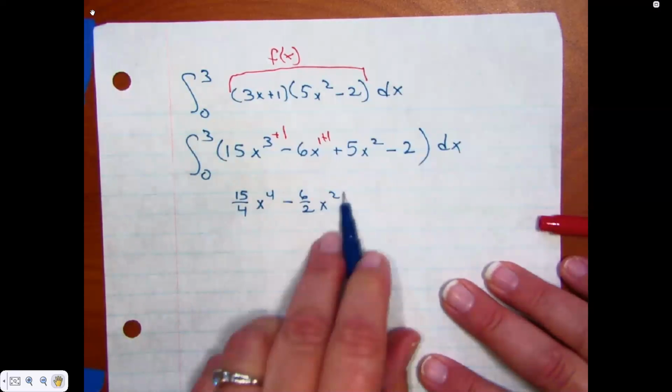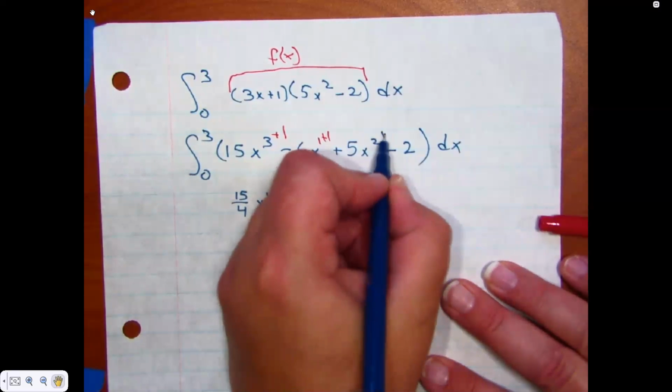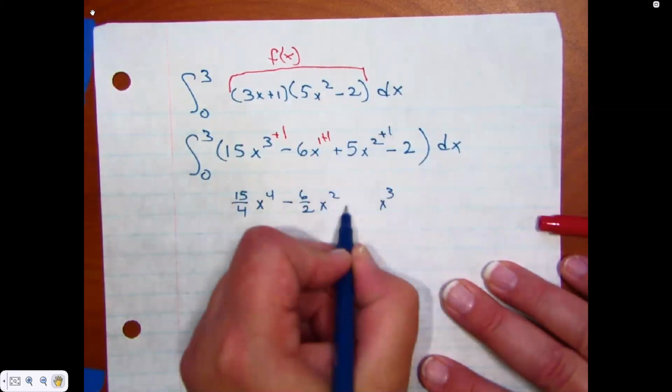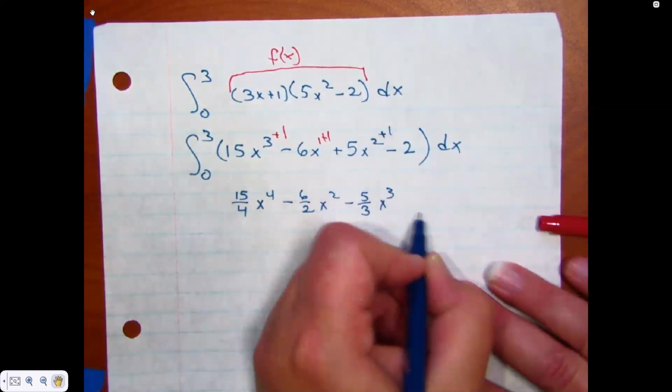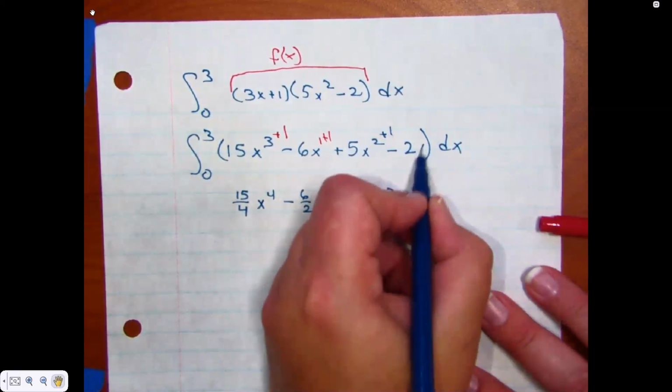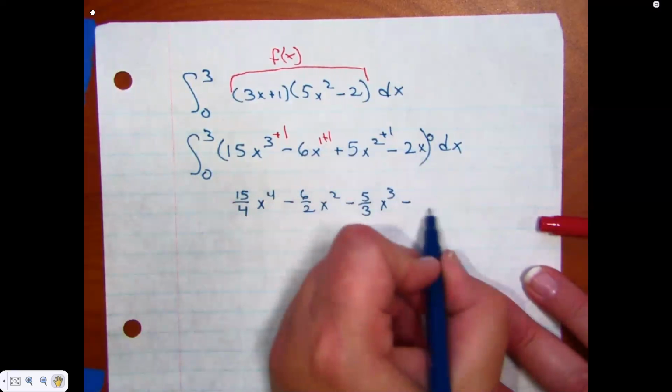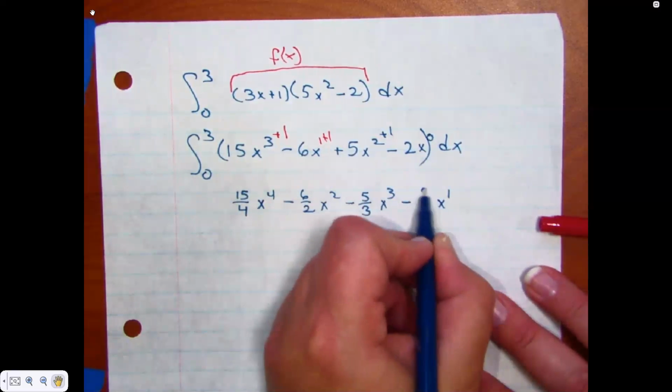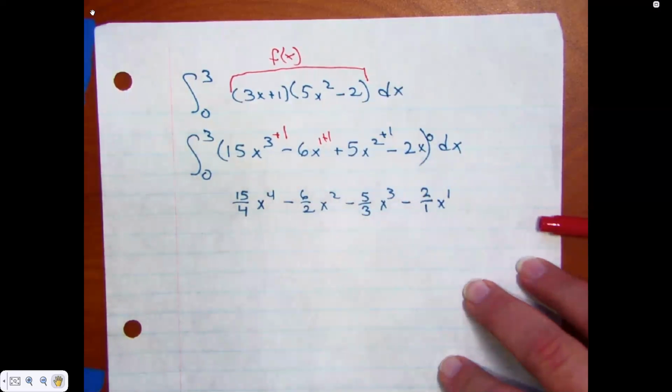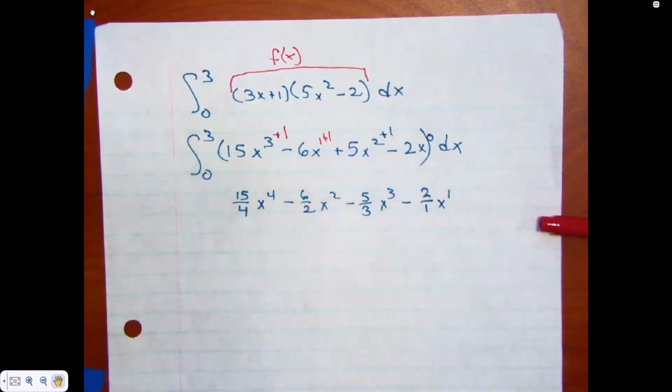So those two match. Back to crazy, right? Add 1 takes us to x to the third, divide by the new. And then this one technically is x to the 0, so when I add 1, divide by the new.